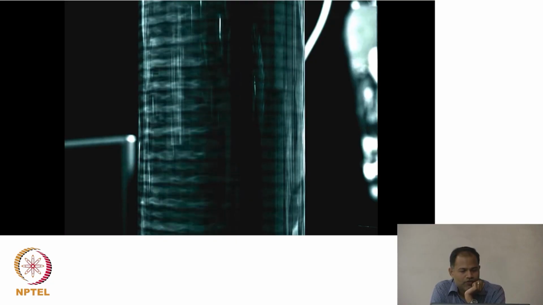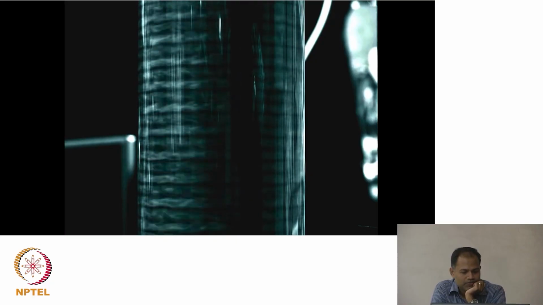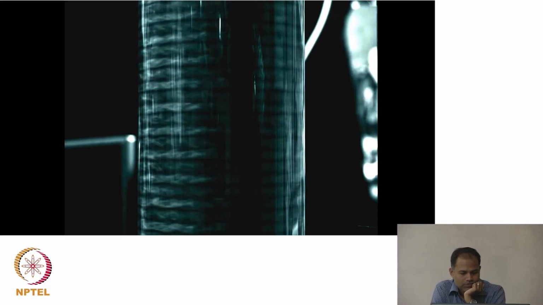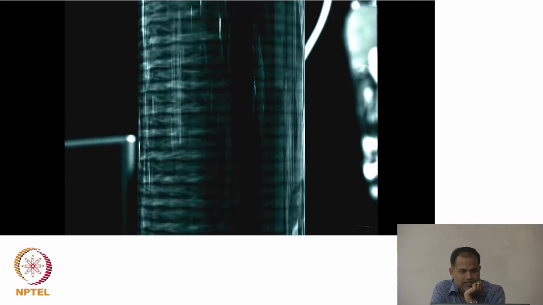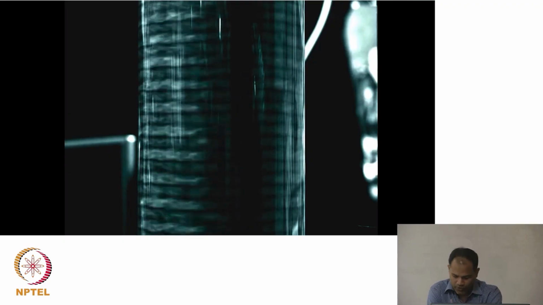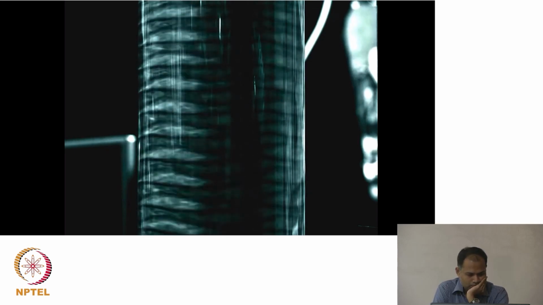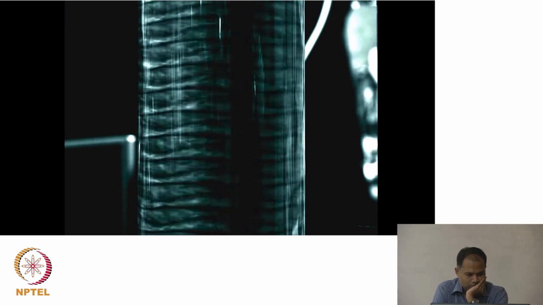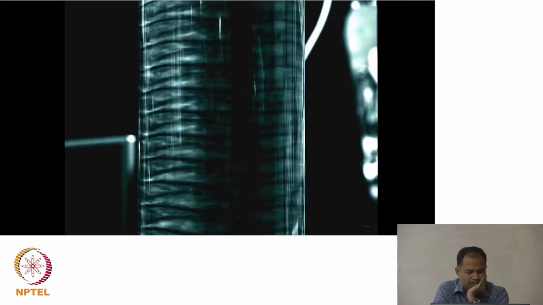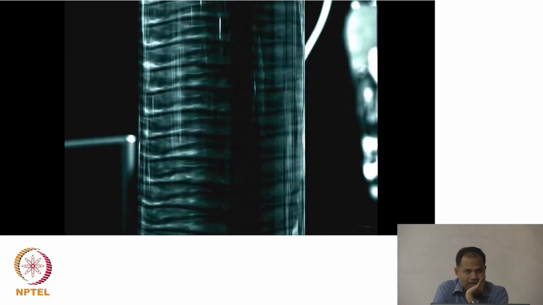So, right now it is all fully turbulent flow. Now, the speed is getting decreased. So, that means the Taylor number is going down. Okay. So, it has come to that state where you have waves of bands.